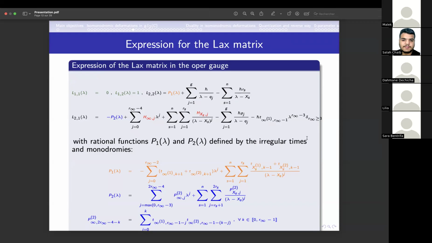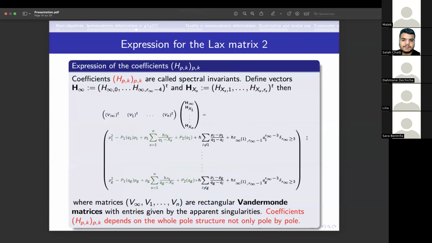I agree with you completely. However, keep in mind that these are for really general solutions and for really general polar structure. So I'm considering an arbitrary order of the pole. I'm considering an arbitrary polar structure with whatever X_p that I'm taking, with whatever pole I'm taking. And this is what you get also for the coefficients H_pk.